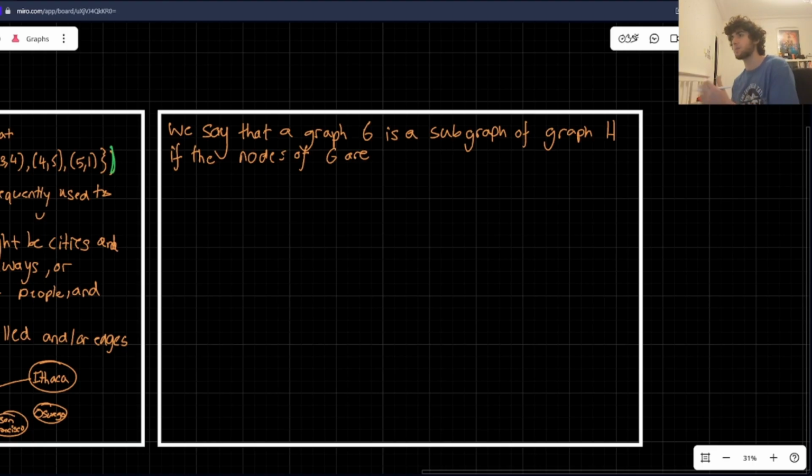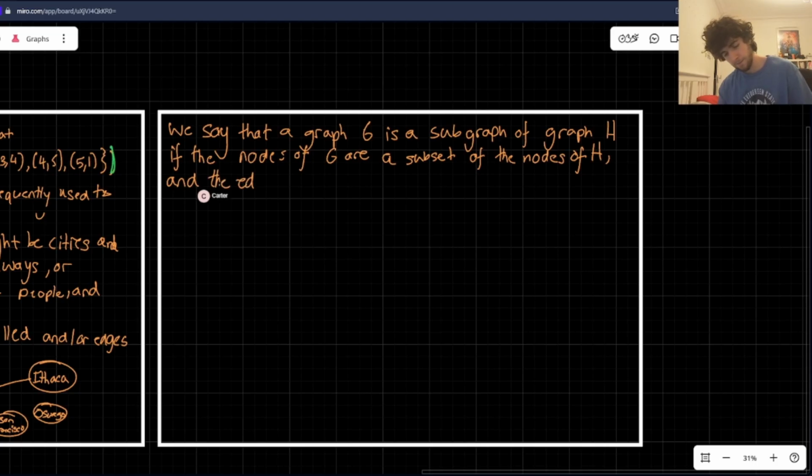Because remember, the nodes can be described using a set. So this just boils down to the definition of a subset. So the nodes of G are a subset of the nodes of H, right? And the edges of G are the edges of H on the corresponding nodes.